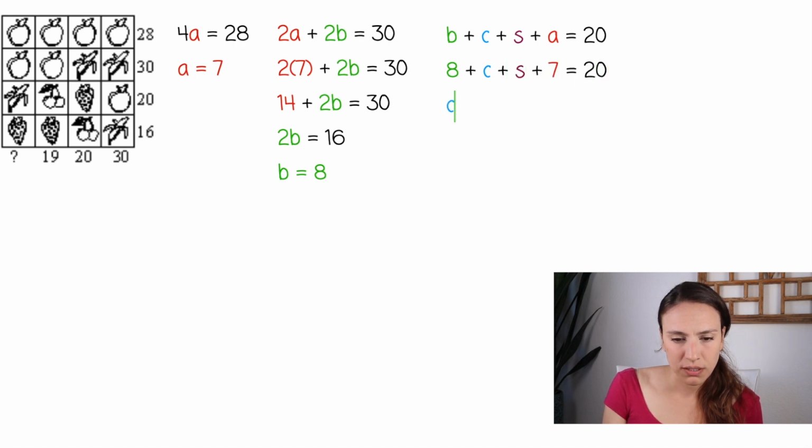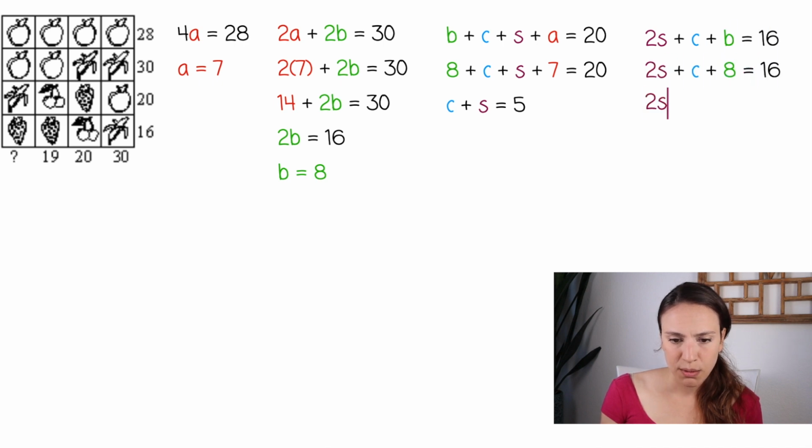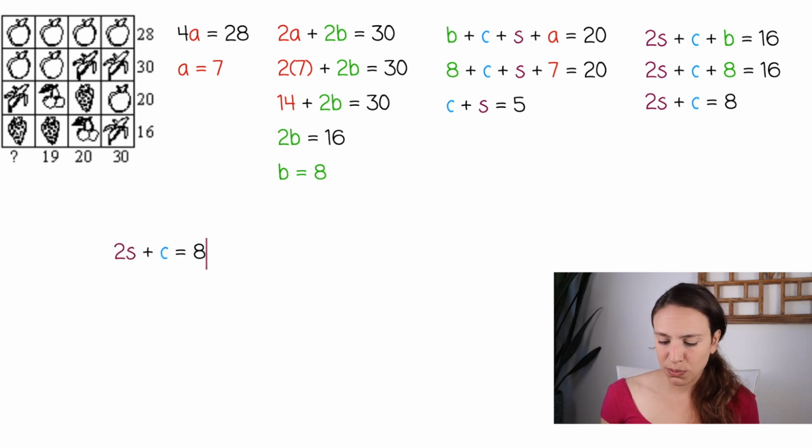So that would be 15. You have 5 left. So I know cherry plus strawberry equals 5. And then the bottom row, I know that 2 strawberry plus cherry equals 8. And then I do a little bit of algebra.